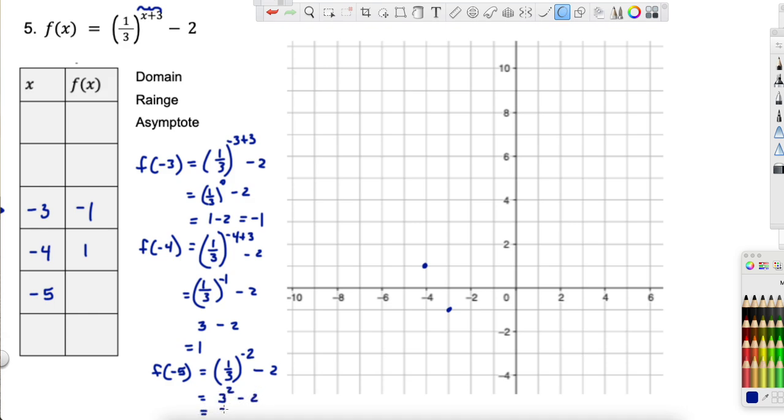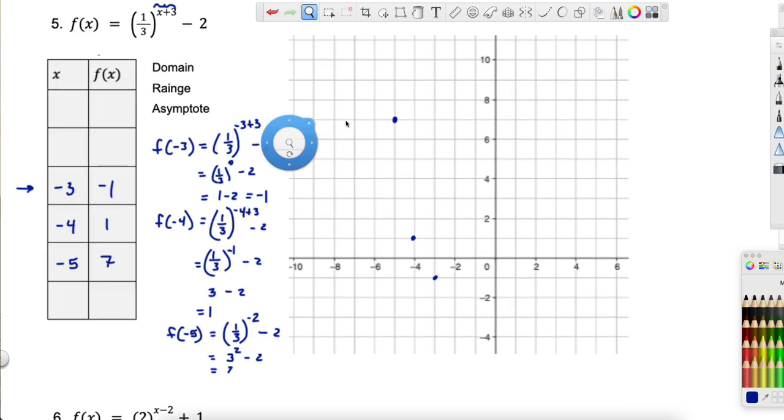This is 7. -5, 7. I'm right there. Okay, we can see this is getting larger. Our y values are getting quickly larger. How about let's go to the other side of the anchor point with -2 and then -1.